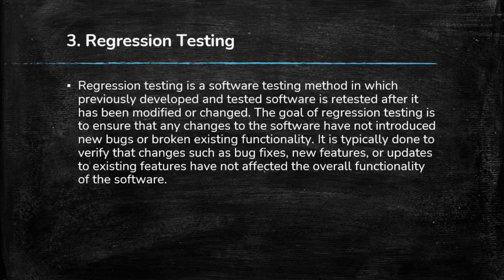So I make a bug report and tell the developer there is a bug. After the developer fixes this bug, he returns it back to me. When I test again the same defect, this is called retest or regression testing.